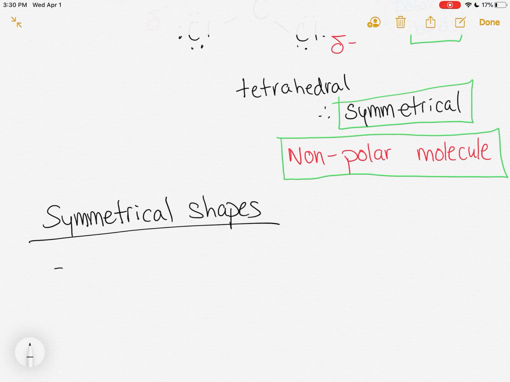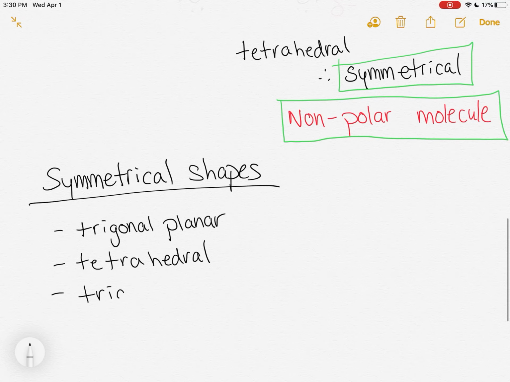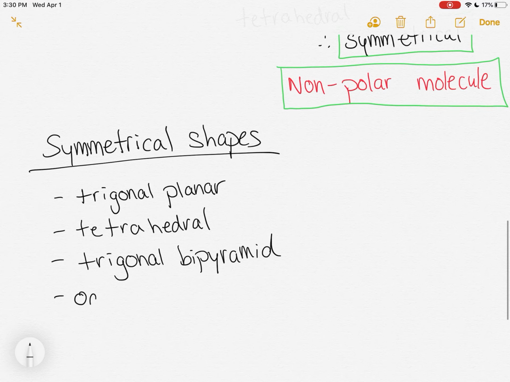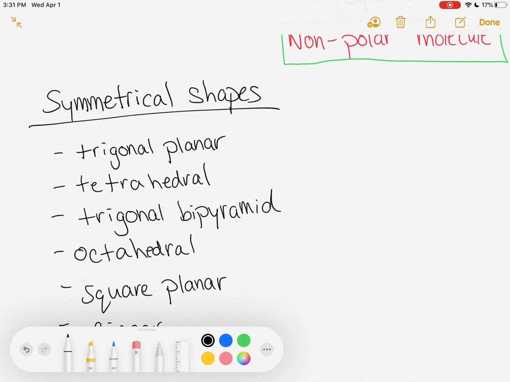The first one is trigonal planar, as well as tetrahedral, the trigonal bipyramid, the octahedral, the square planar, and the last one is linear, but this one is a tricky one, so we're going to add something to it.